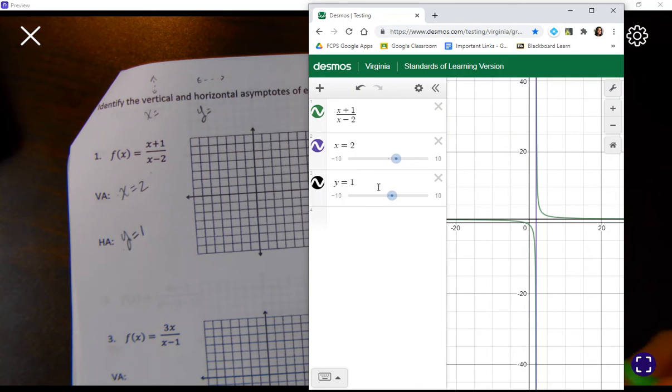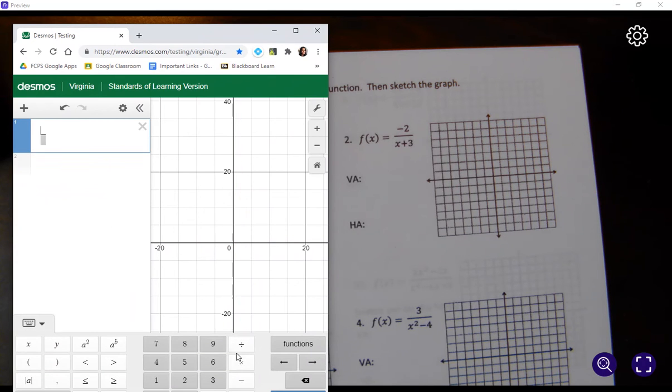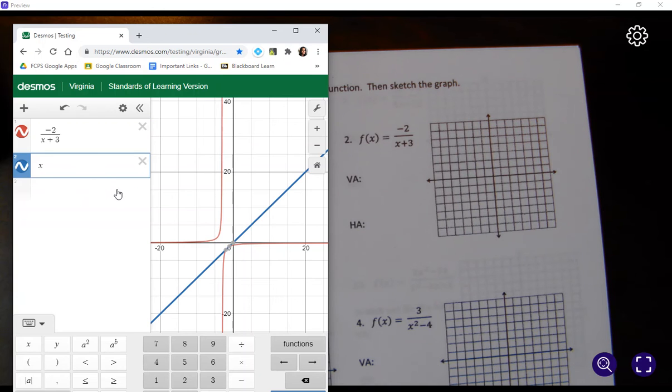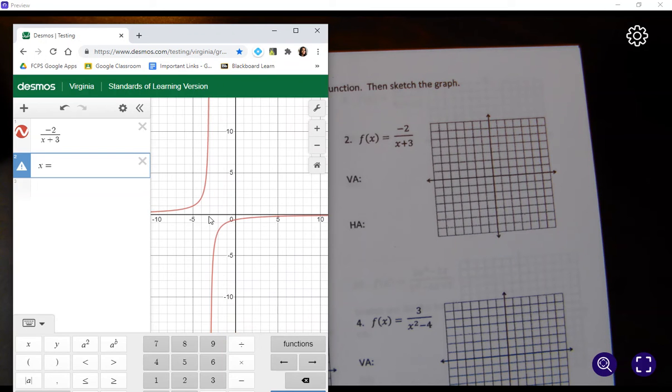Okay. Let's try number 2. So you have here negative 2 over x plus 3. Okay, so let's do the vertical asymptote. So I'm going to do vertical asymptote is x equals, let's say negative 2.